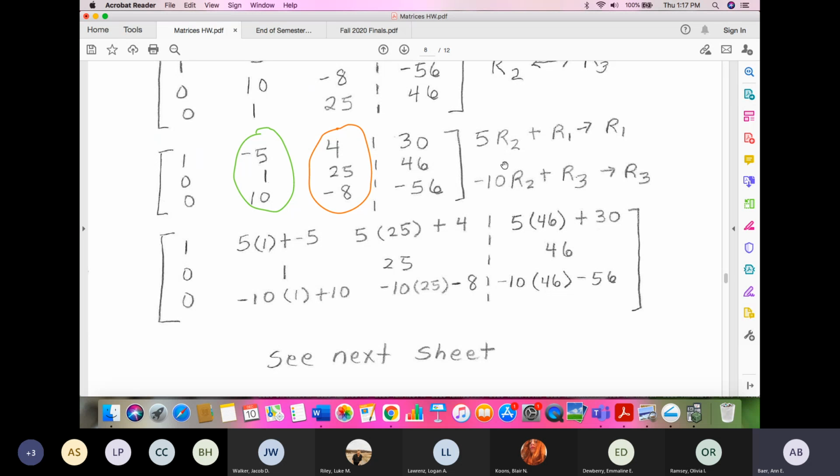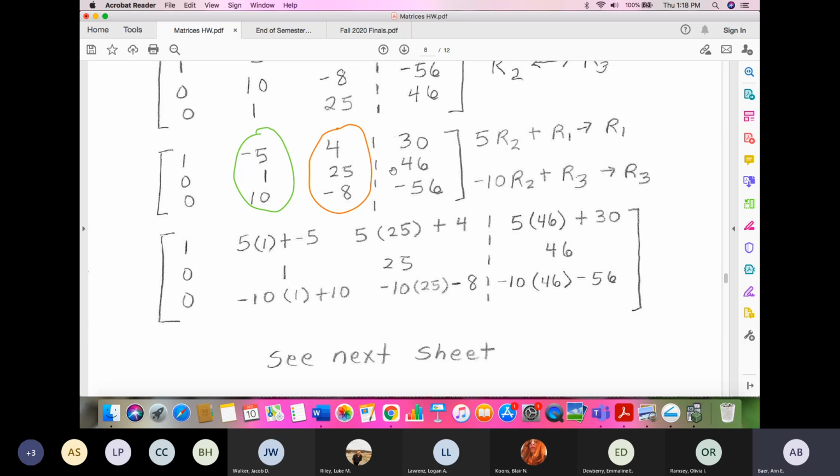It's row 2. We want to add it to the row where you want a 0. We want a 0 right here. We want a 0 in row 1. And we want to put it in the new row 1. We certainly don't want to put it in row 2. We want to keep the 1 there. And we don't want to destroy this structure.